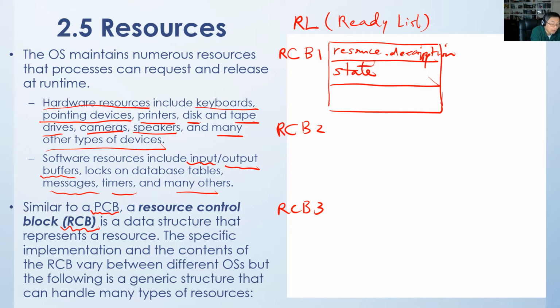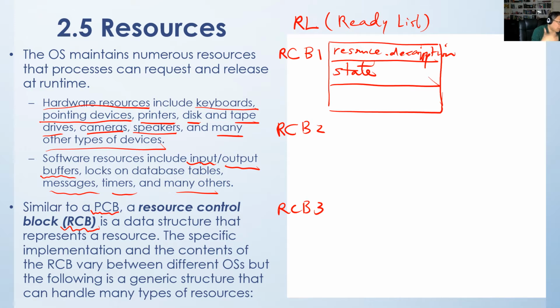So the state basically says whether a resource is available. If it's a one-instance resource, then if no process is using it, it's available. For resources with multiple instances, that depends on the number of instances.